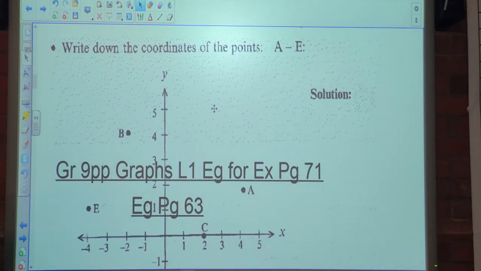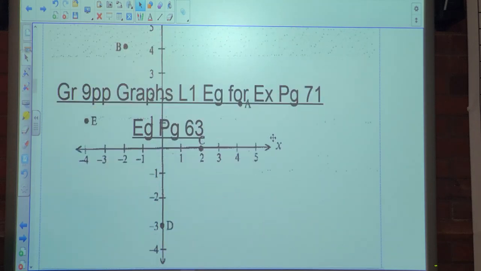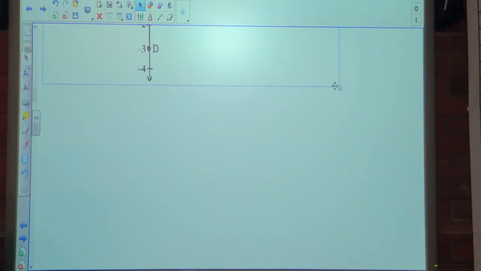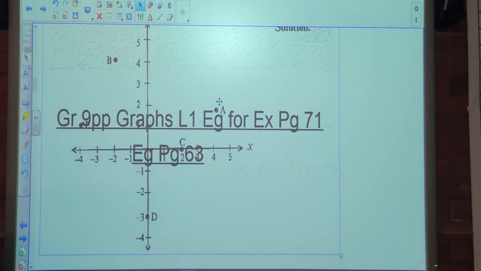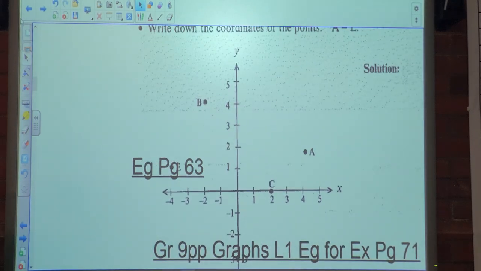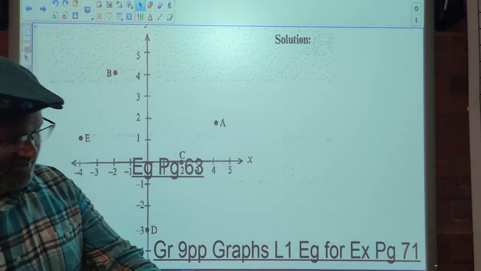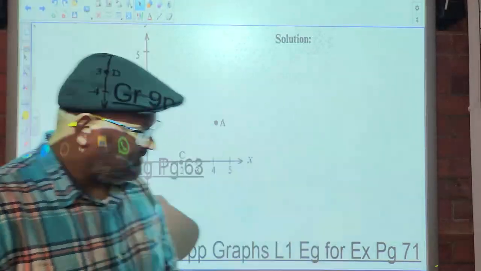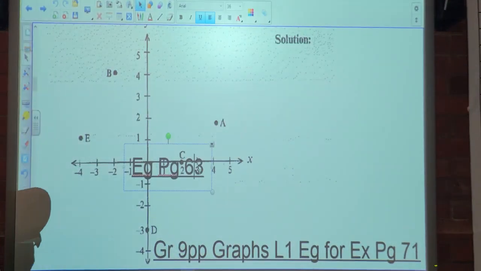Next question. It says write down the coordinates of A to E. I think we are on the next page, page 64 now.